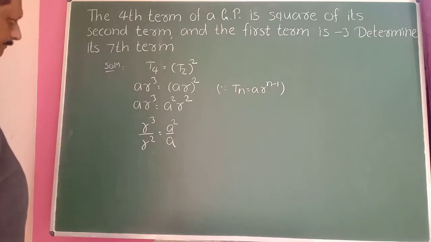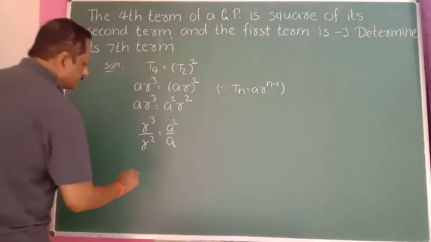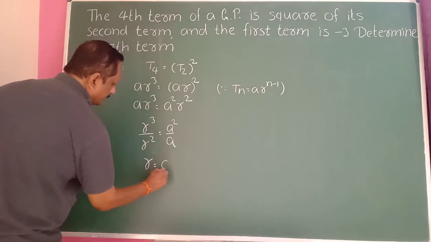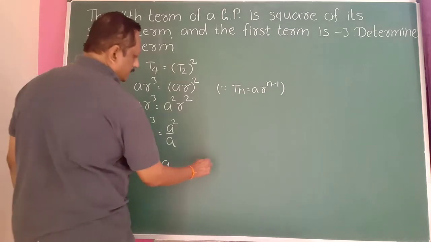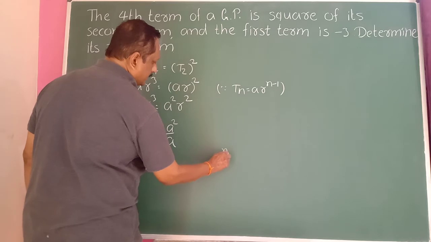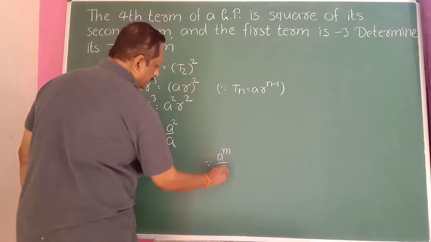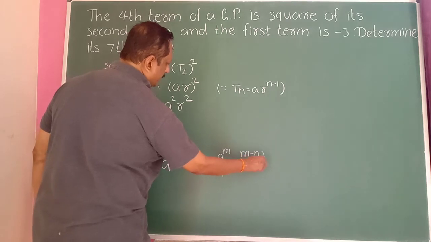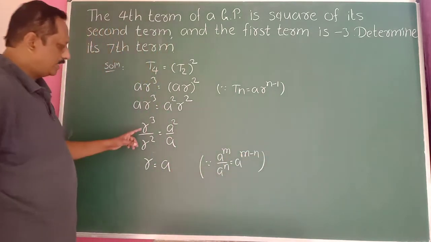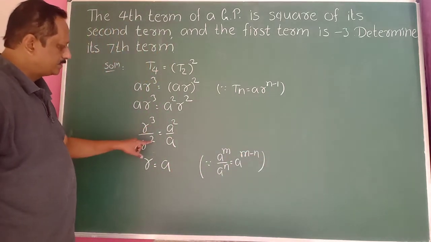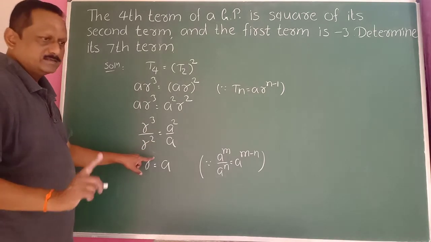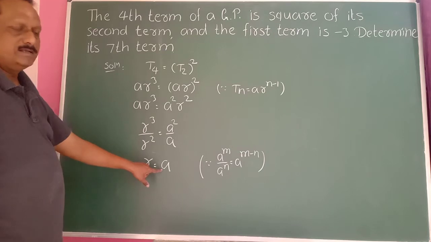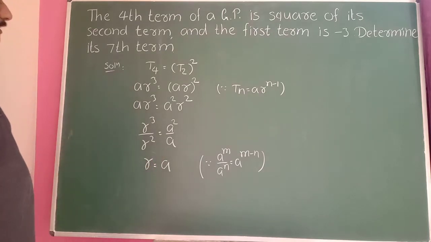Cross multiply. r cubed upon r squared is only r, and a squared upon a becomes only a, because you know again the laws of indices: a raised to m upon a raised to n is a raised to m minus n. So r cubed upon r squared means 3 minus 2 becomes 1, r raised to 1 is r itself, and 2 minus 1 is 1, so a raised to 1 is a. So r is equal to a.